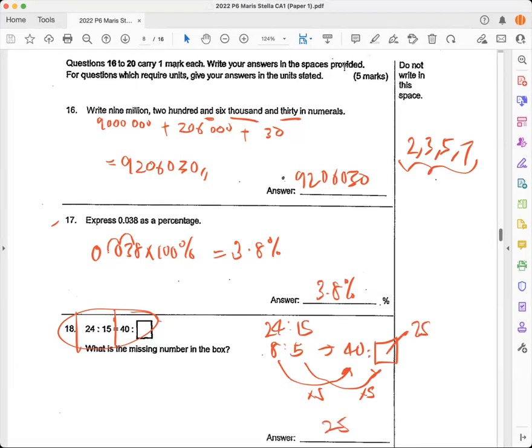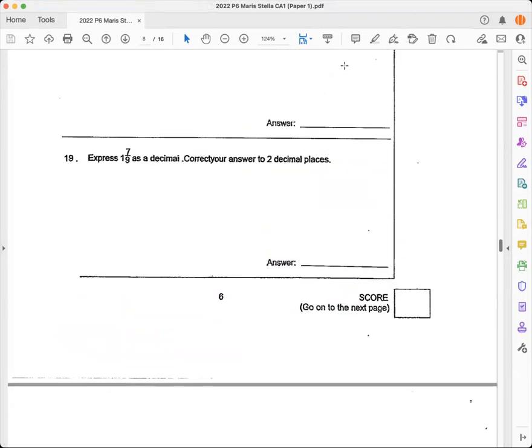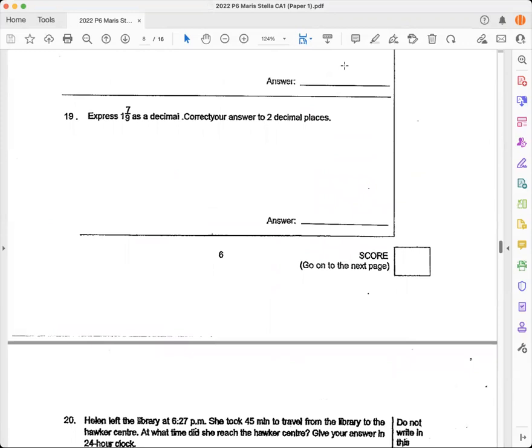All right. Now let's continue with the next question. Express 1 and 7/9 as a decimal. So 1 is okay, so let's focus on the 7/9. 7 divided by 9 is just basically a long division. There's no shortcut about this, just plain long division. So 7 times 9, 63.